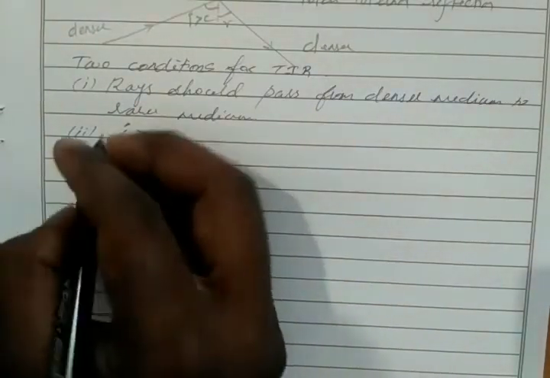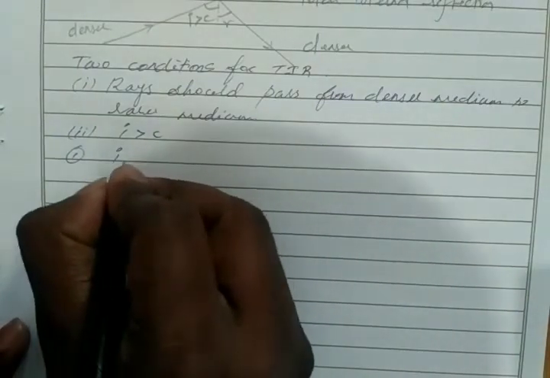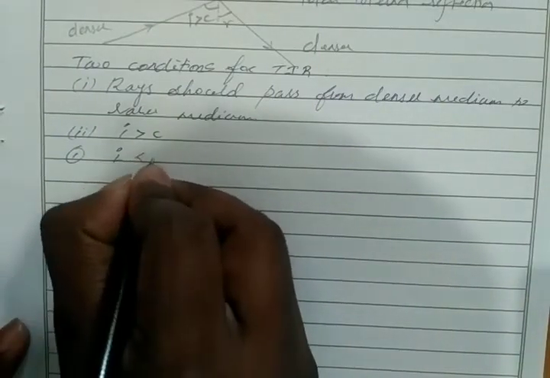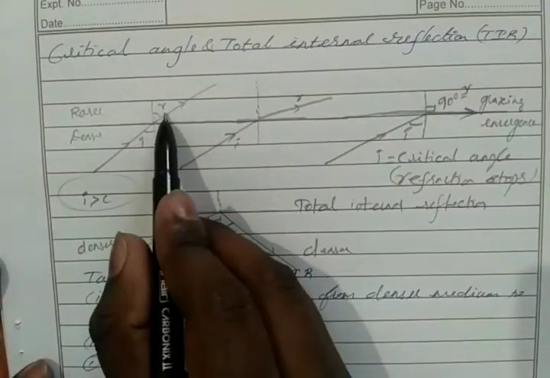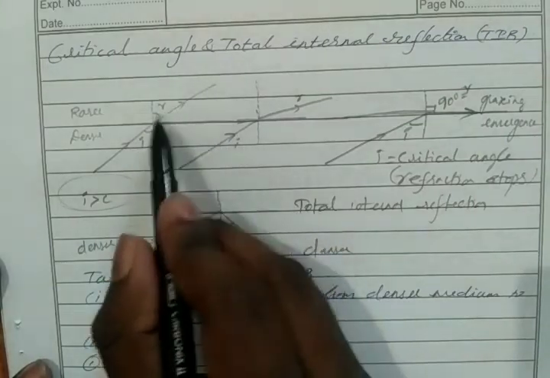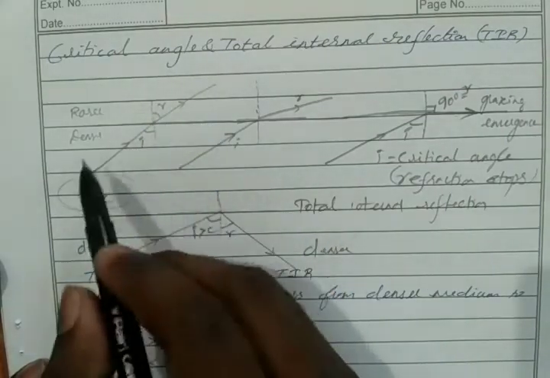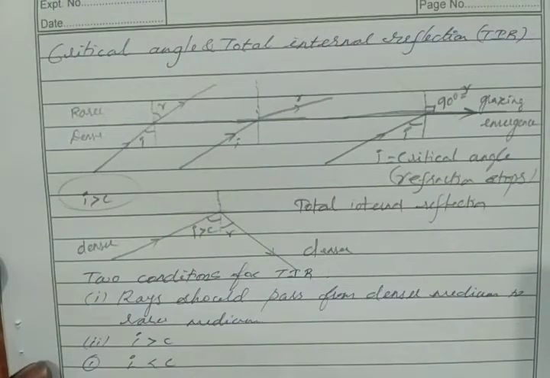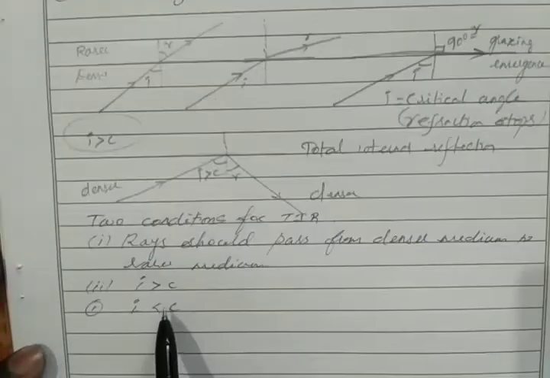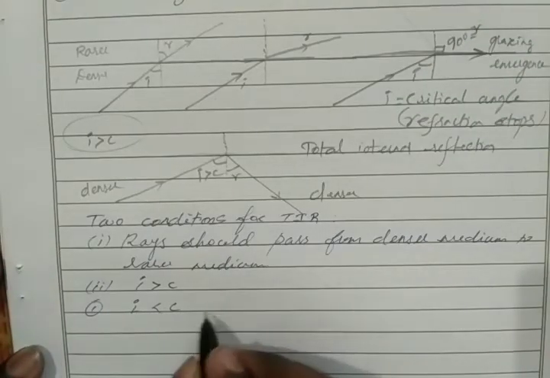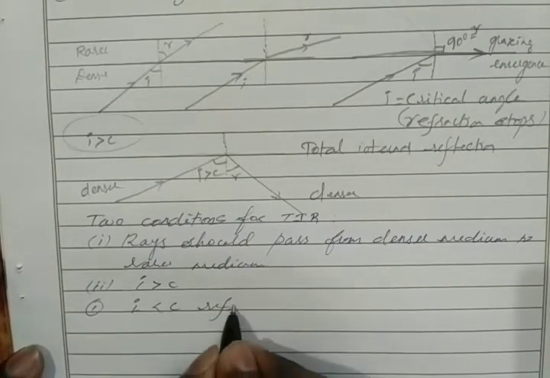In the first one, if our incidence angle is less than critical angle, what will happen? It goes refraction. As usual, it goes from one medium to another medium and bends. When the angle is lesser than the critical angle, it goes refraction.